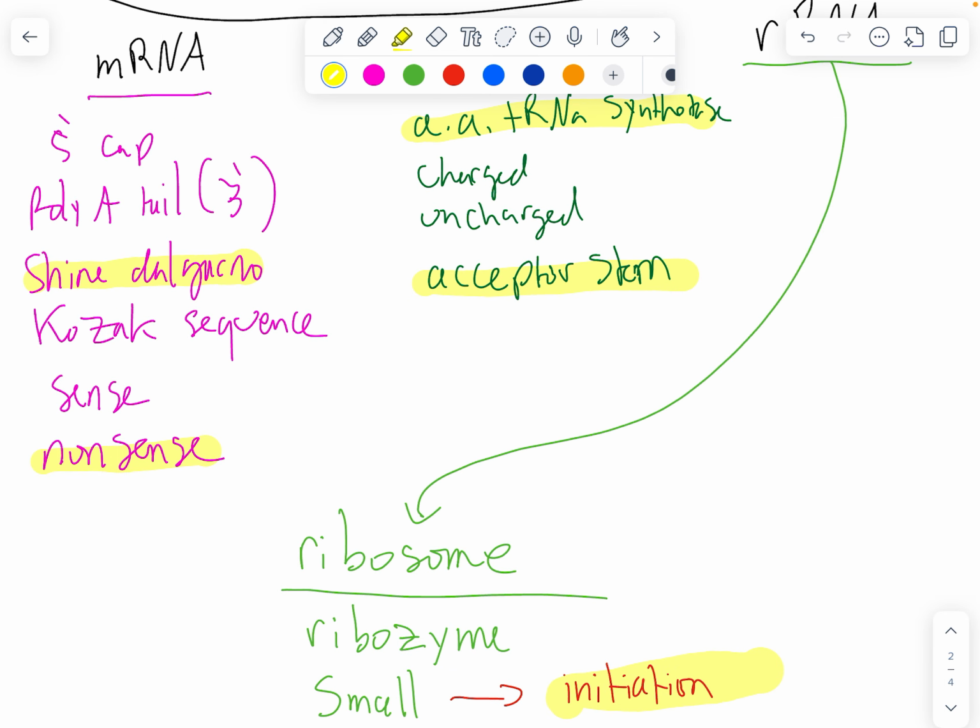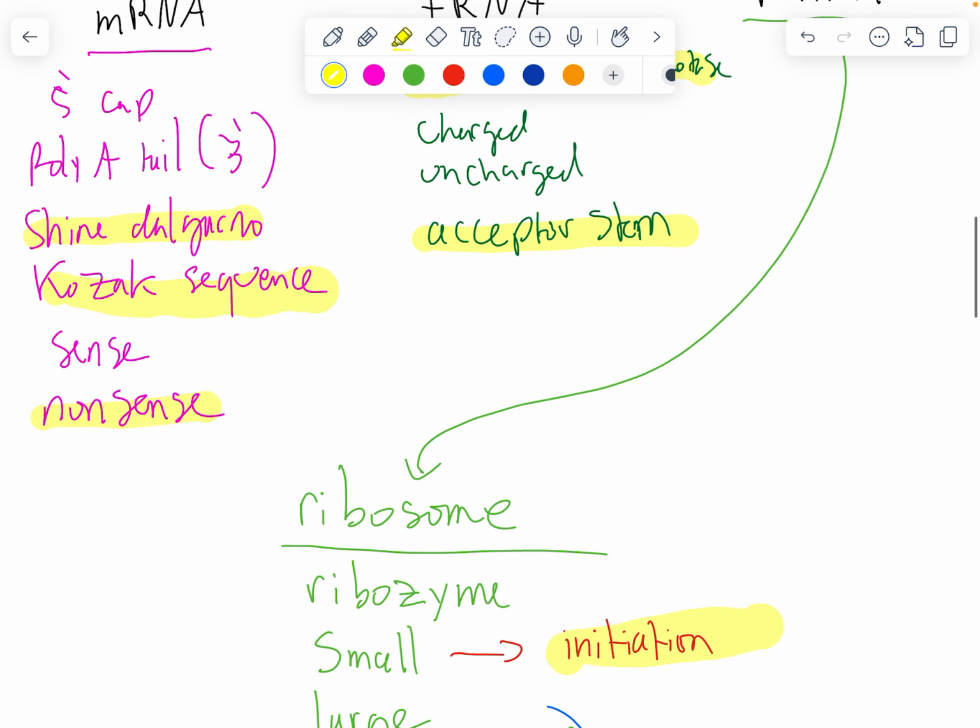And in eukaryotes, it's more complicated, but in essence, we have other sequences and other mechanisms for our mRNA to recognize that small subunit. And in eukaryotes, the Kozak sequence tells our ribosome where to start translating, where to start making amino acids.